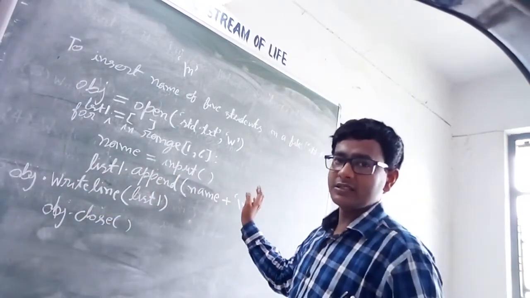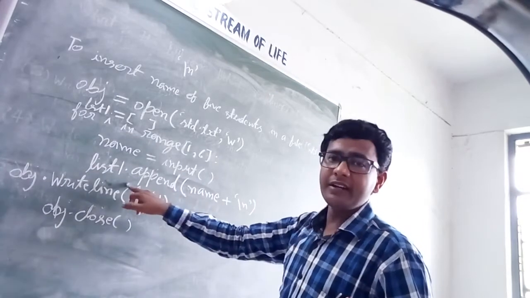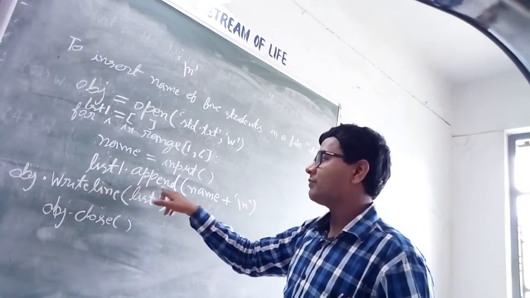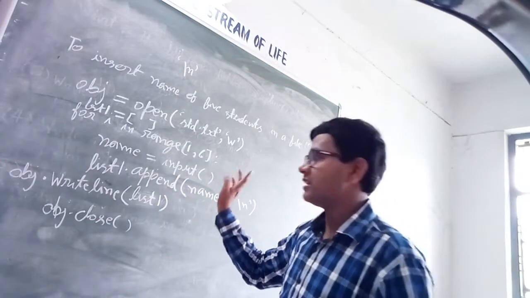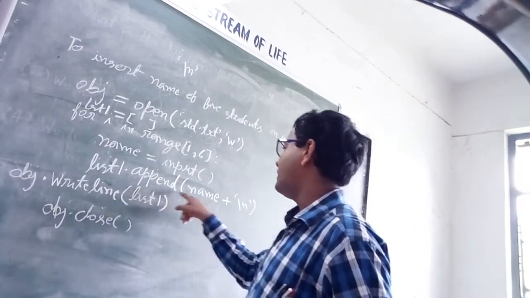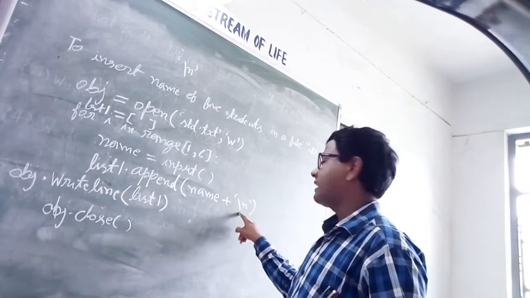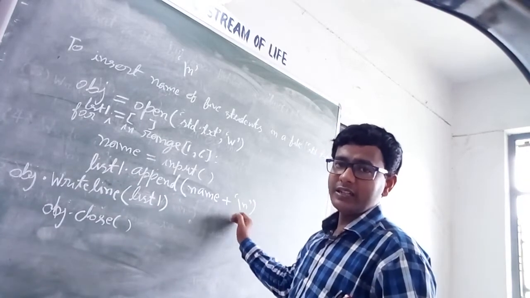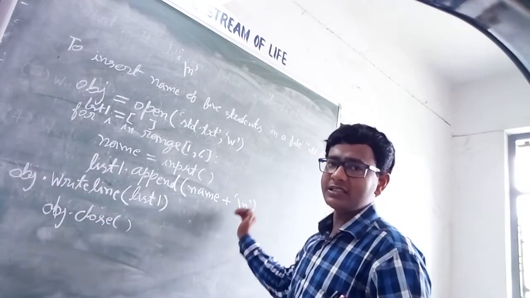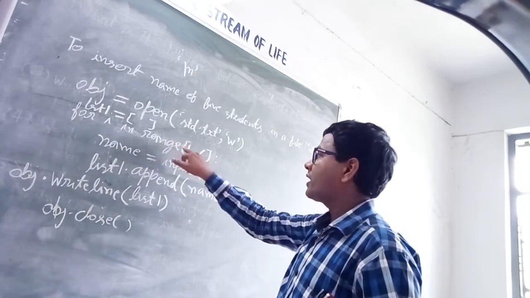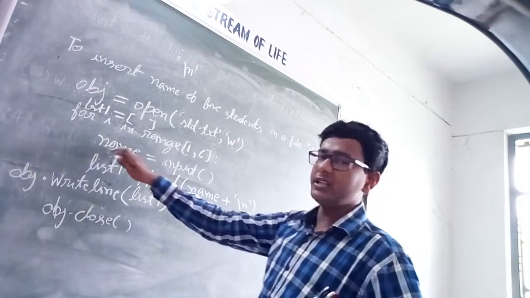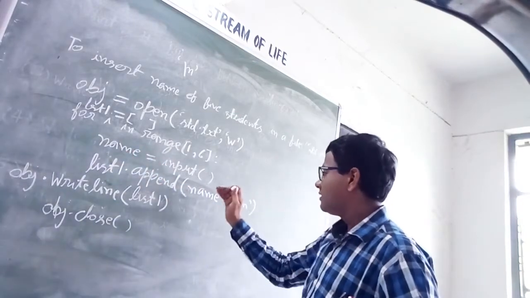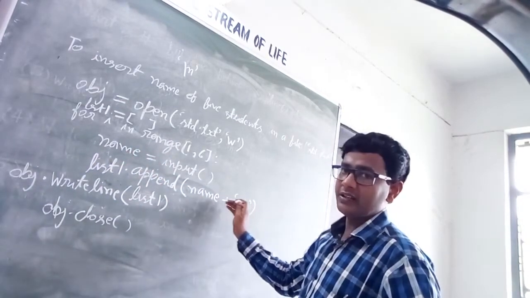At the end of the list. Append is used for entering data at the end of the list. list1.append(name + \n) for displaying the result in the next line. For i equal to 1, let's say we input Vijay, then Vijay is stored in name and Vijay with a new line character is stored in list1.